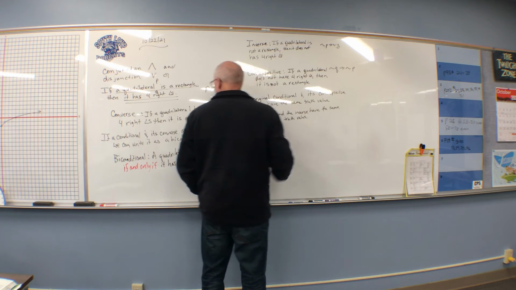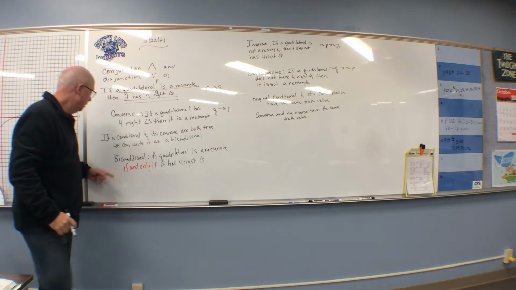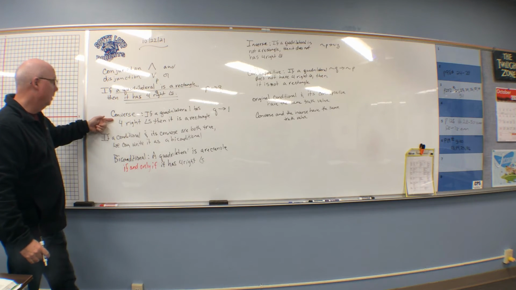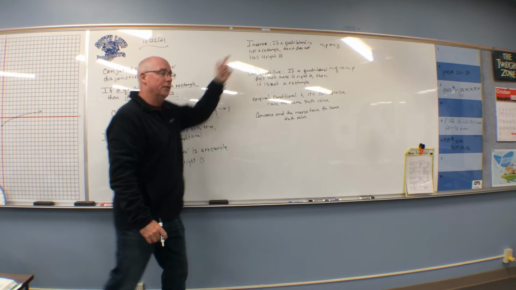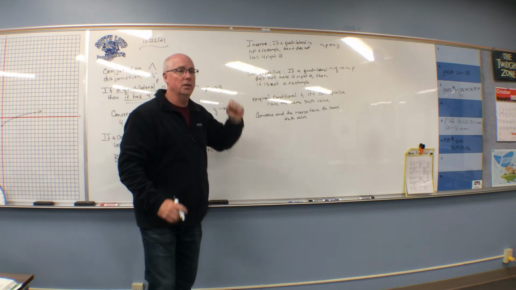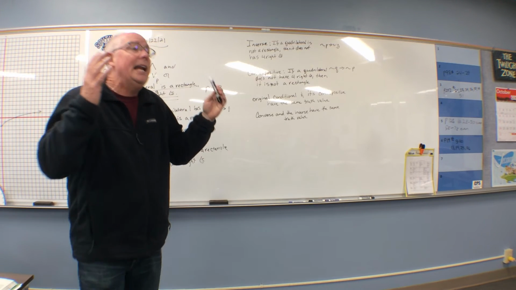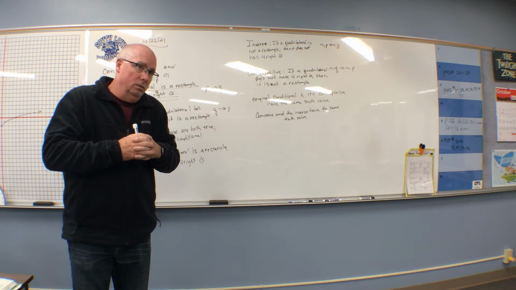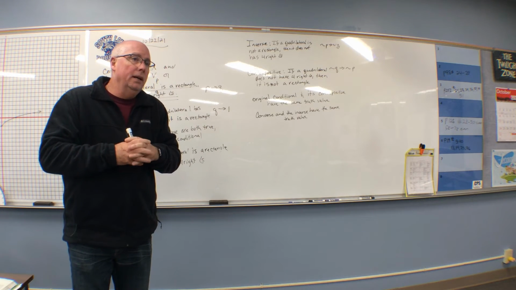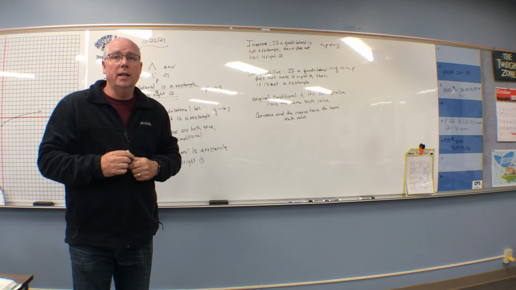In other words, if the converse is true, then the inverse is true. If the converse is false, the inverse is false. Okay, now on this one, they're all true. And that happens. But there are ones in which that does not happen.